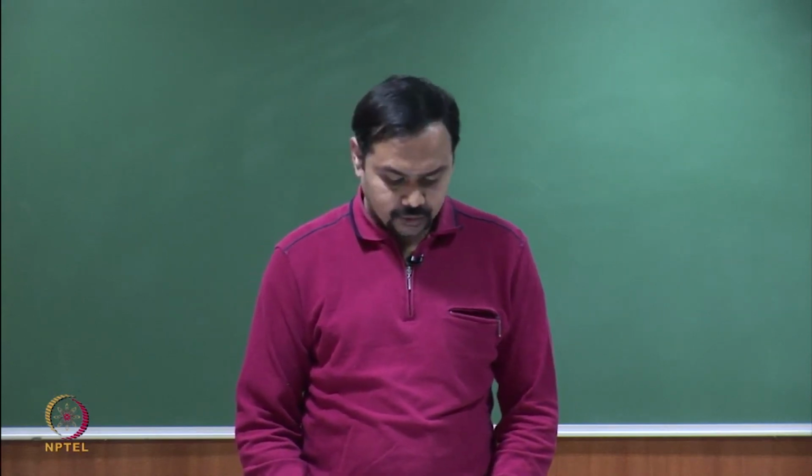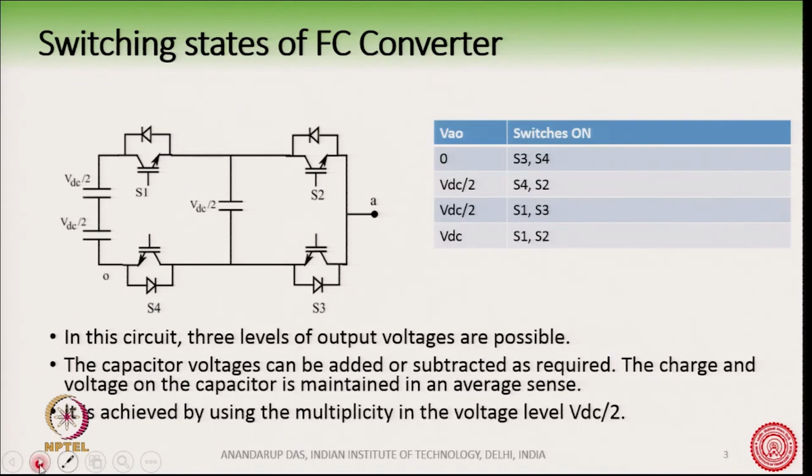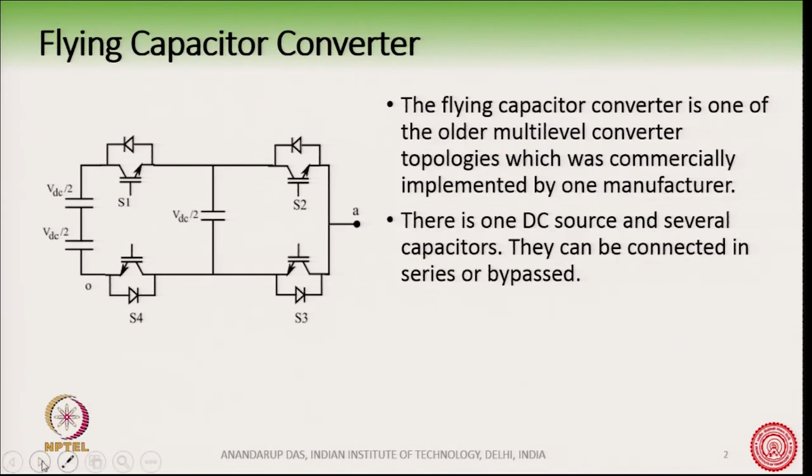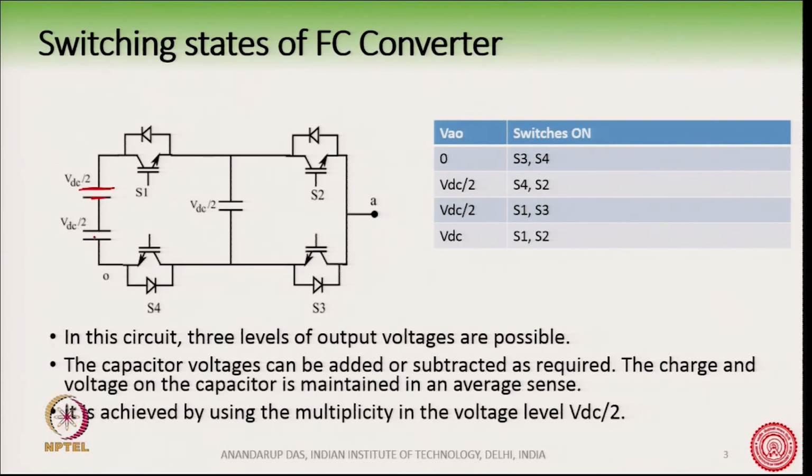So, let us understand the operation by seeing one capacitor which is connected to the DC source here. So, this side is the DC source and this is the capacitor.